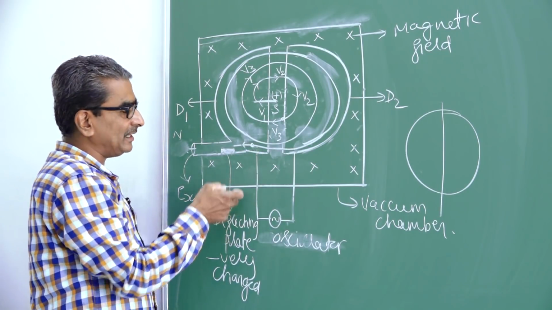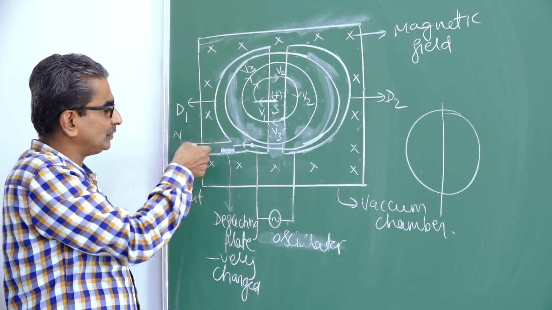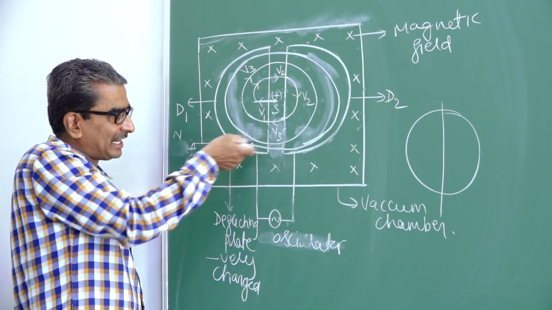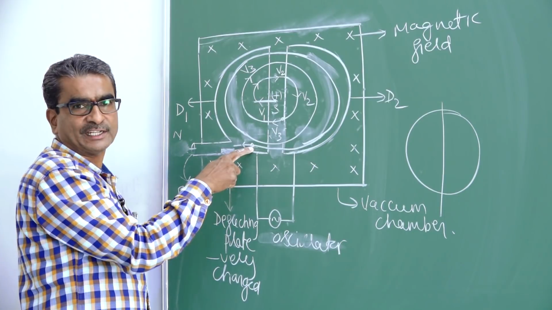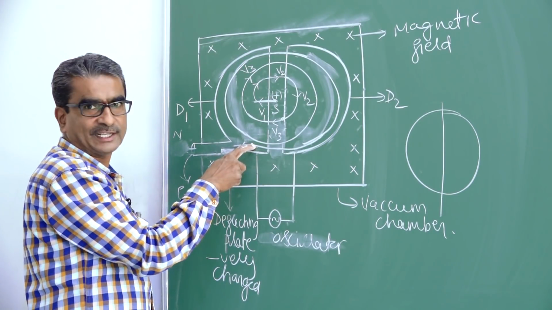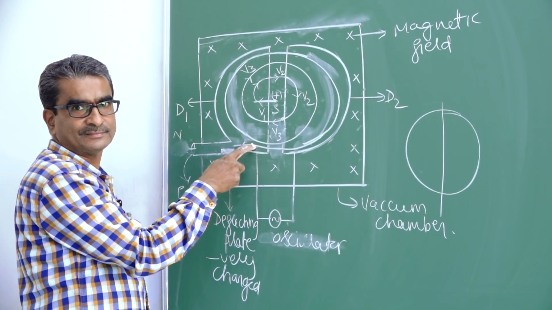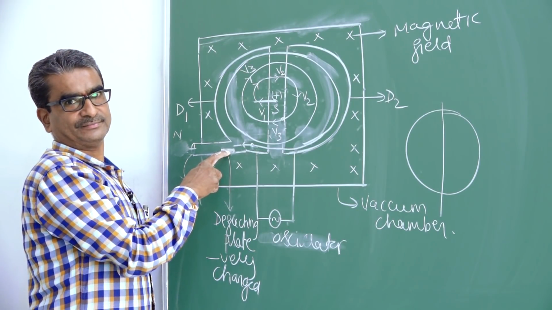This charged particle is thrown out of this D through this exit because the negatively charged plate tends to attract the particle. But since the kinetic energy of this particle is very high, that means velocity is very high, this particle is able to overcome the force of attraction produced by this negatively charged plate.